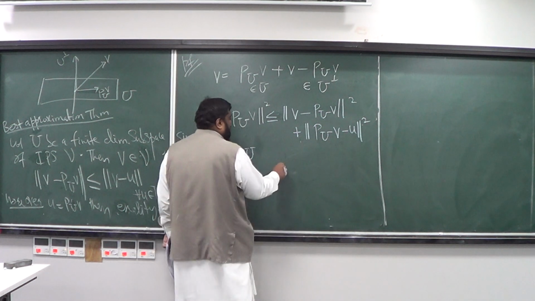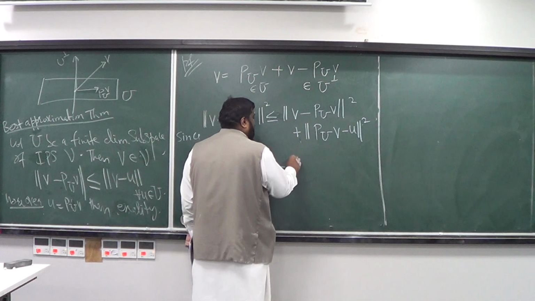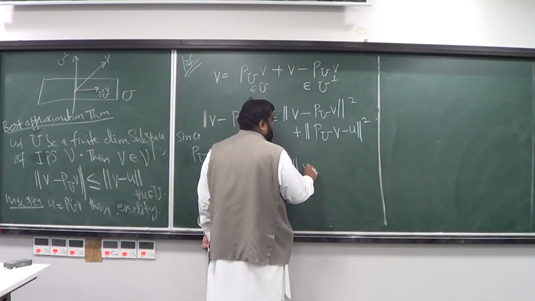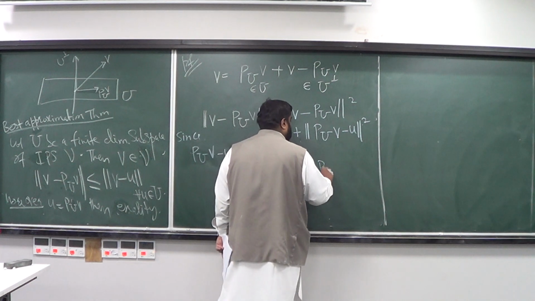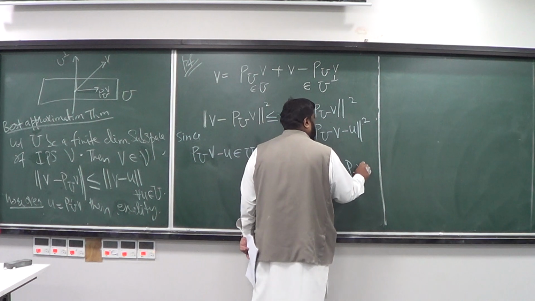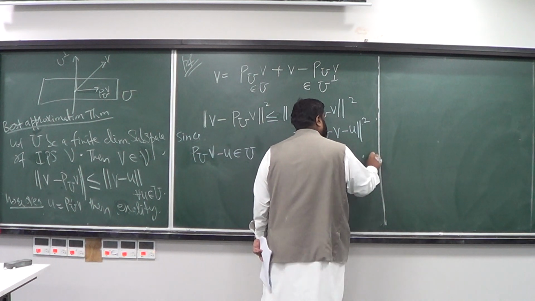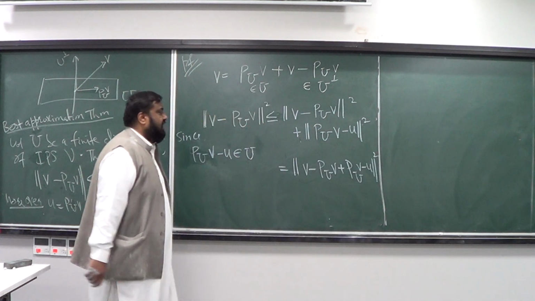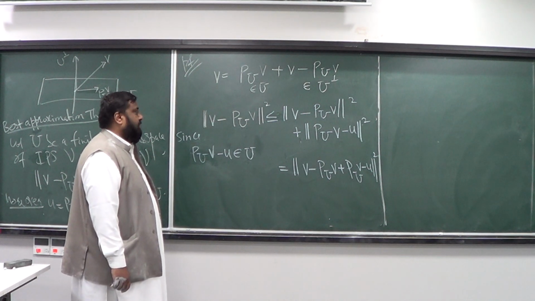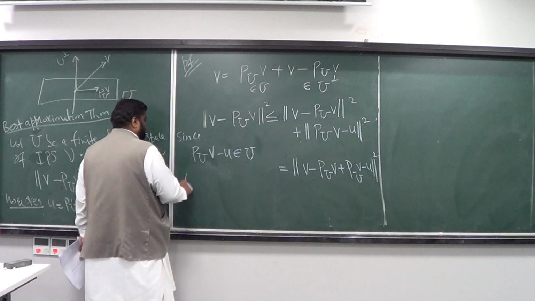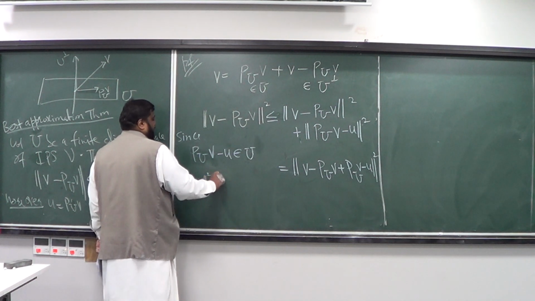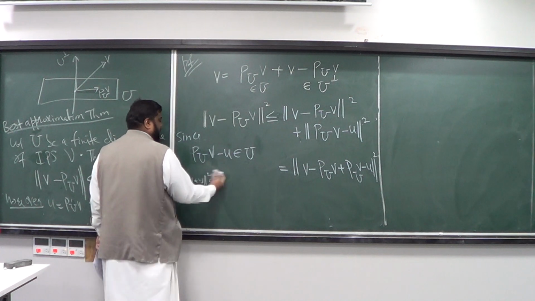So if they are orthogonal to each other, I can apply the Pythagorean theorem. This is going to be the norm of V minus P_U V squared plus the norm of P_U V minus U squared, because if you have two orthogonal vectors, then the norm of x plus y squared is equal to the norm of x squared plus the norm of y squared.